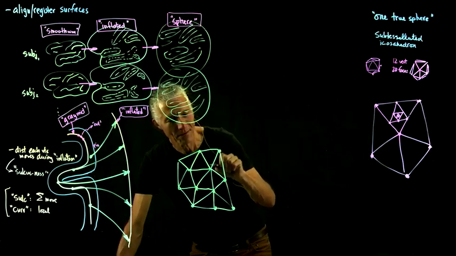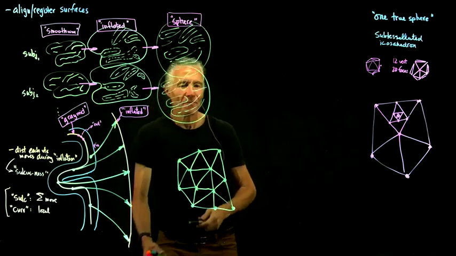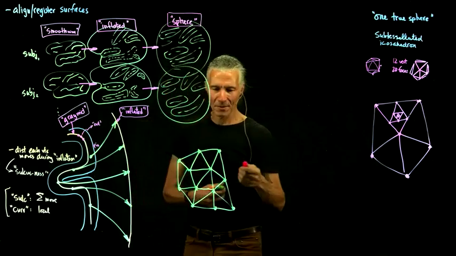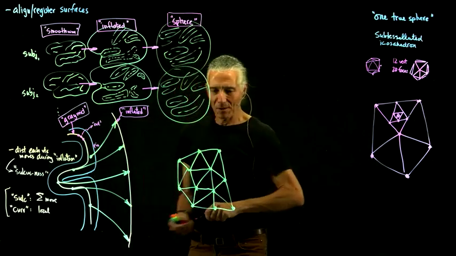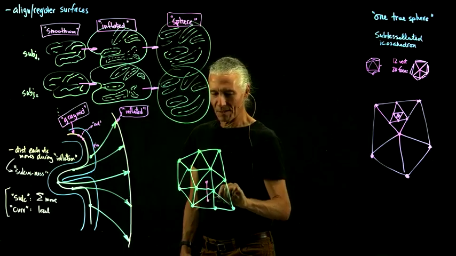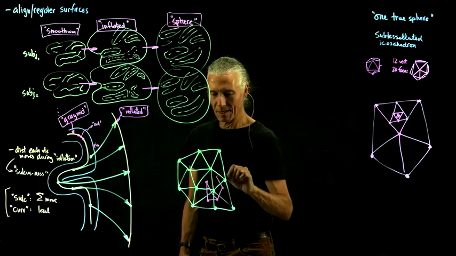And then we have somebody else's mesh. So here's another mesh. Say this one is one of those individual surface meshes from one of the subjects.